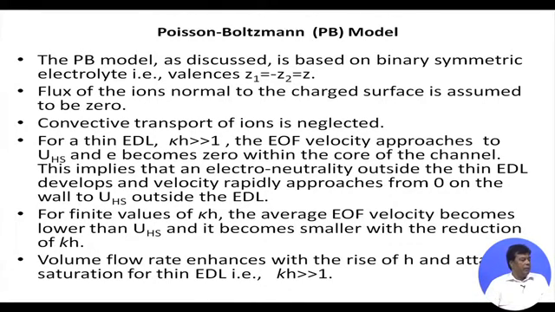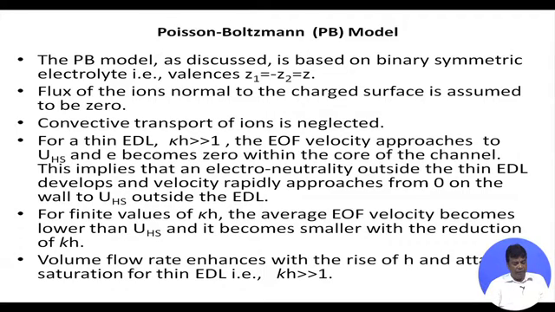Now, for a thin EDL, or electric double layer, the EOF velocity, as we found, approaches the UHS and becomes 0 within the core of the channel. This implies that electroneutrality outside the thin EDL develops and the velocity rapidly approaches from 0 at the wall to the UHS outside the EDL.